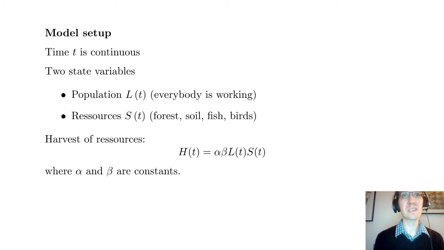The harvest equation is the most important equation. Here it's H equals alpha beta L S. In the fishing model, we had beta L that was simply B, the number of boats. Here we simply have B replaced by beta L, where beta is the percentage of the islanders that work in the harvesting industry, and L is the whole population.